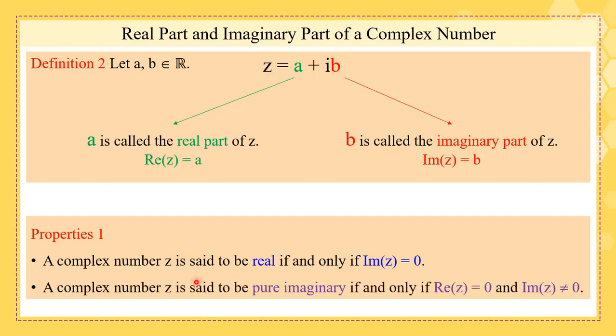And a complex number is said to be pure imaginary, we call this number pure imaginary, not imaginary, if and only if its real part is 0 and its imaginary part is never 0. So here we have two conditions. If the real part is 0 and the imaginary part is not 0, we're going to have a complex number that only contains i with a certain number, and this would be called a pure imaginary number.